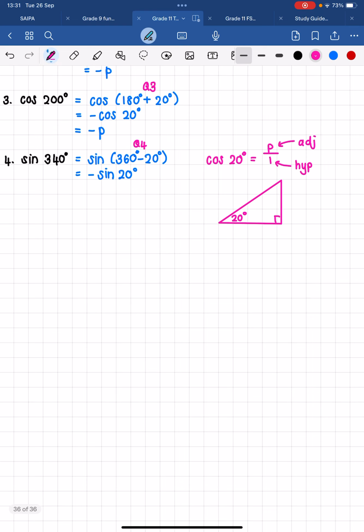Now guys, if this angle is 20, what is the other angle going to be? 70. We're not actually going to need it for this, but we might, right? If there were more questions, we could use the 70-degree angle to get these ratios. All right, so from 20 degrees, the adjacent side is P, so this side over here, and the hypotenuse is 1.